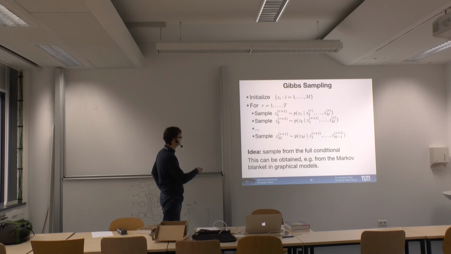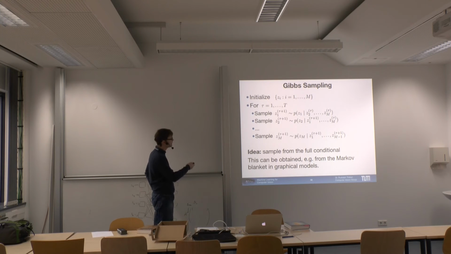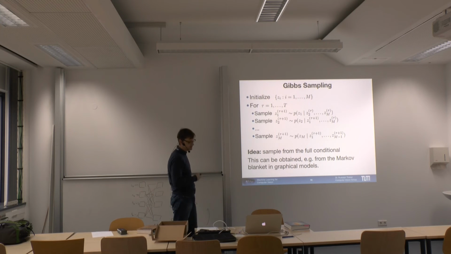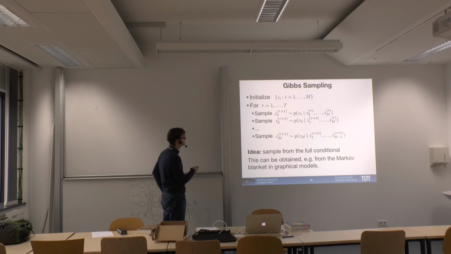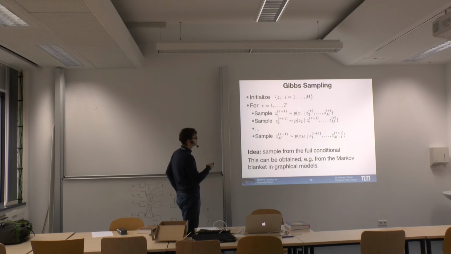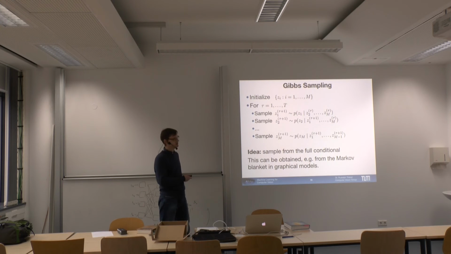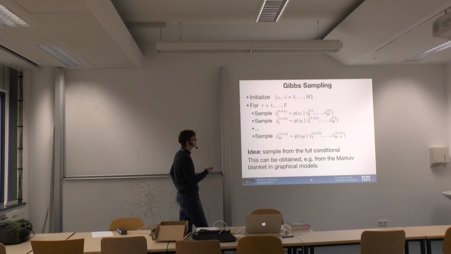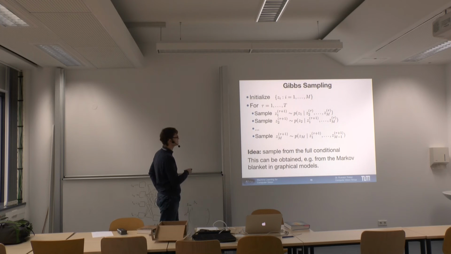And now we have this big loop of t rounds where we sample. In every round, what we actually do is we sample from what we call the full conditional. And the full conditional is simply the probability of one variable given all the others, right? And the trick now is that the state of these variables that we condition on changes with every sample.